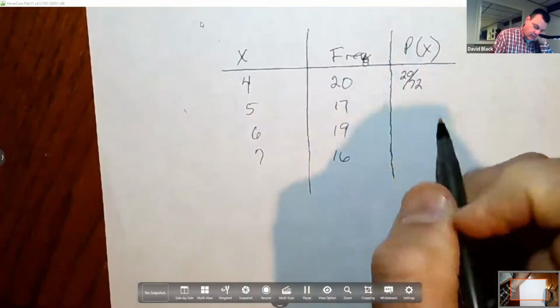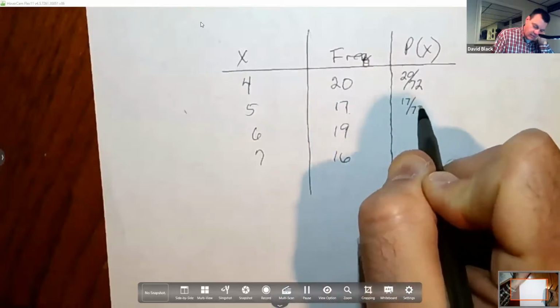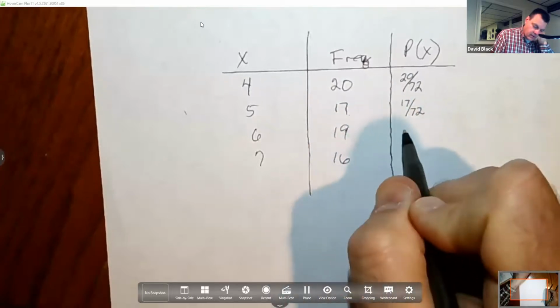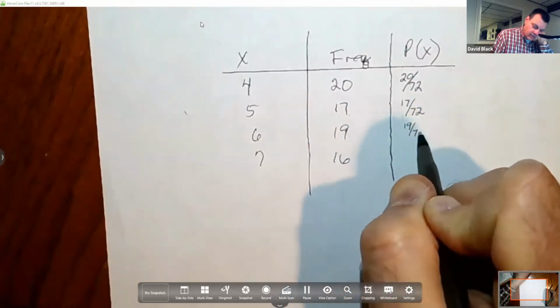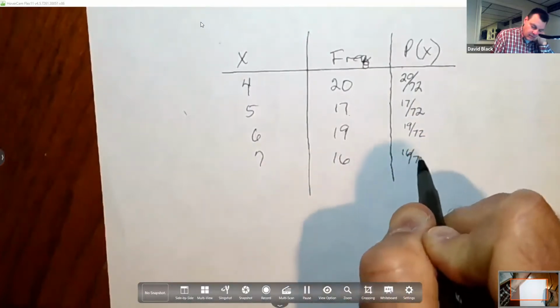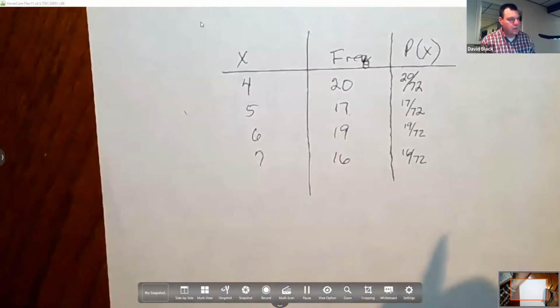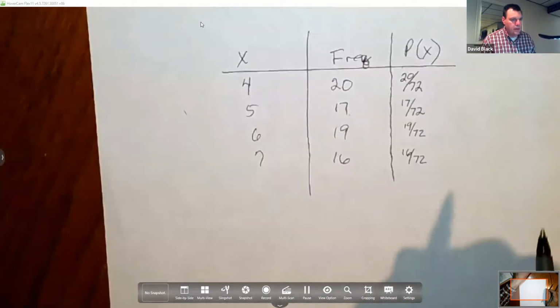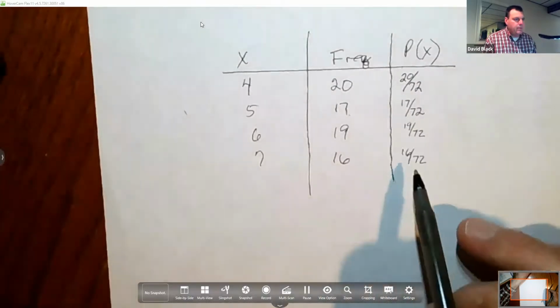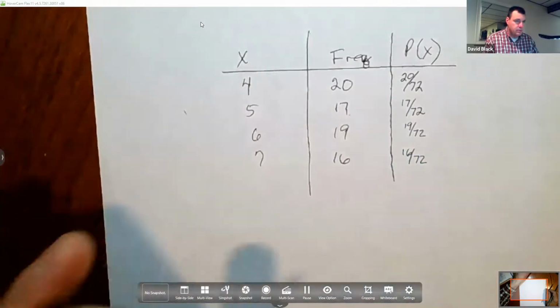So that's going to be 20 out of 72, which means 5 games is going to be 17 out of 72, 6 games would be 19 out of 72, and 7 games would be 16 out of 72. We would probably want to reduce those fractions, or we could do decimals.